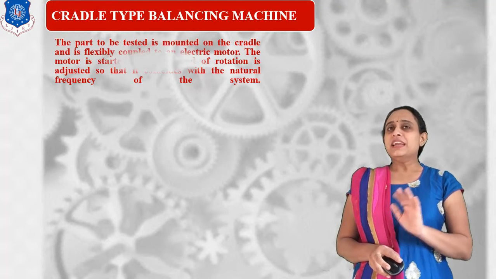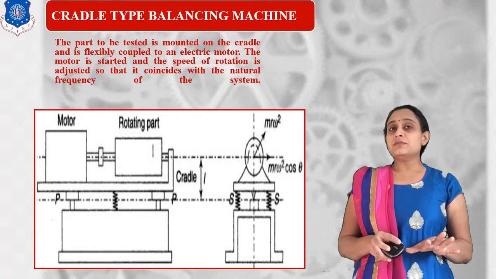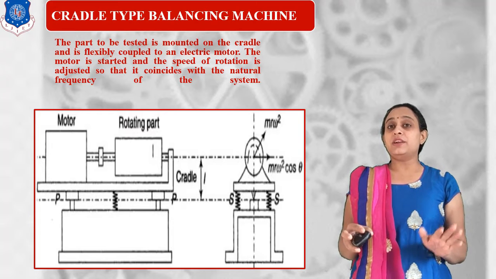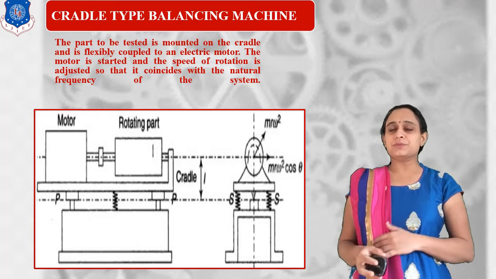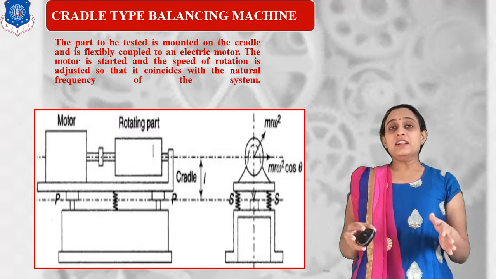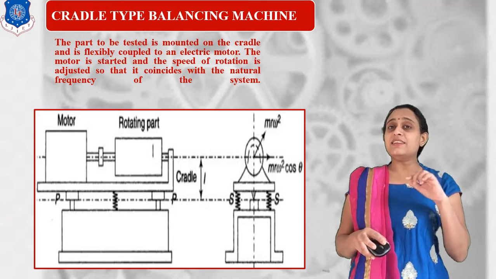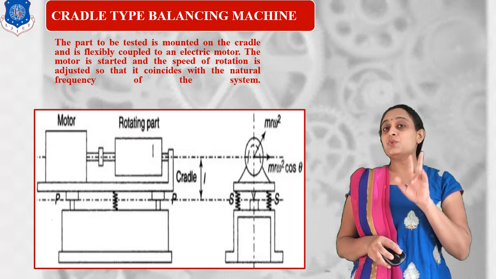Here in the cradle type balancing machine, as you see, the motor and the rotating part are both mounted on a cradle, hence the name. This cradle is mounted on a foundation. Between the cradle and the foundation, we have two pivots as well as two springs.